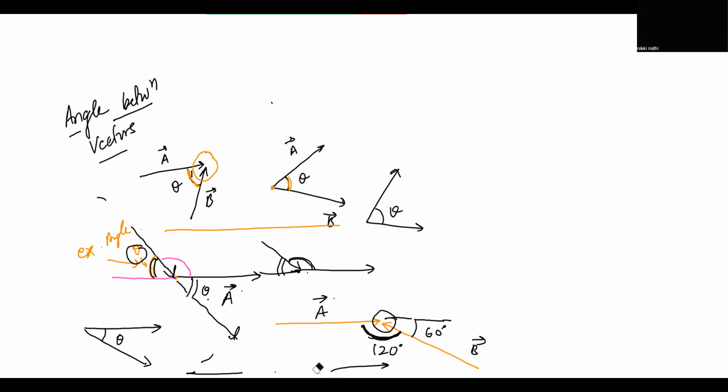This vector was over here, and if I parallelly shift it, it will come over here. What is the angle between the two vectors? This angle, and that's equal to this angle only, isn't it? Understood? Satvik, is it clear? Clear to everyone? Can I go ahead?